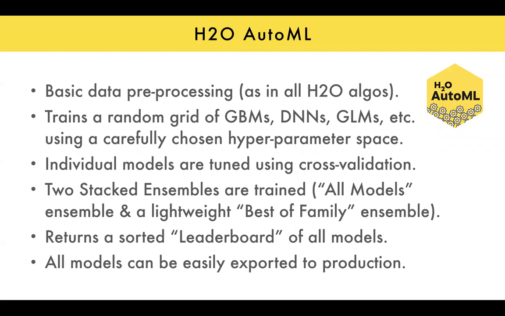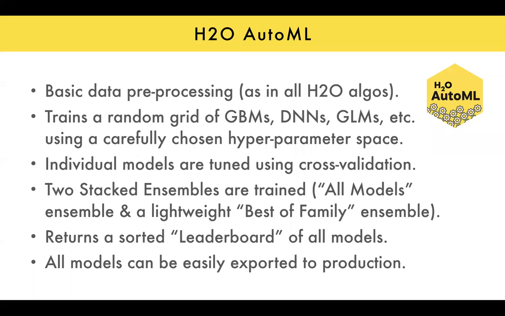So we've defined these grids for all the algorithms, and then we tune all the models using cross-validation so that they don't overfit. And then at the end, we train 2 different stacked ensembles. One of them is using all the models that we've trained during the process.